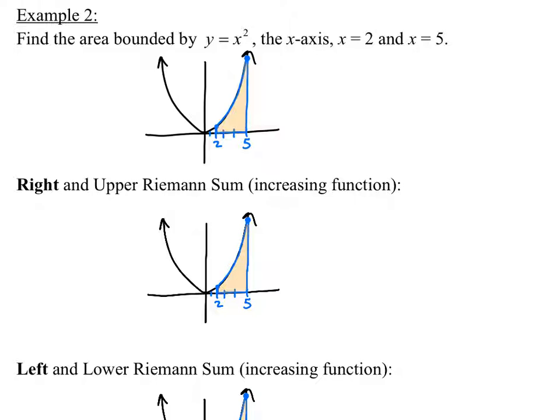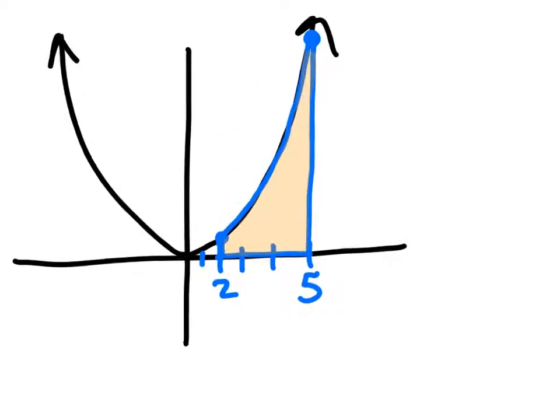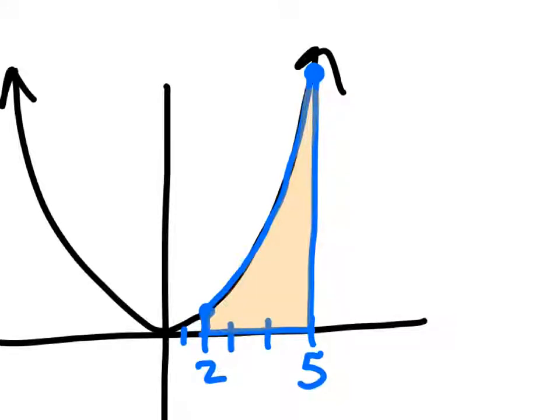Okay? The first way is going to be by using upper sums. Now, upper sums means that we're going to be breaking up this region into rectangles, but we're going to make the end of the rectangle be such that it's actually a little bit above, it's including a little bit above the function.